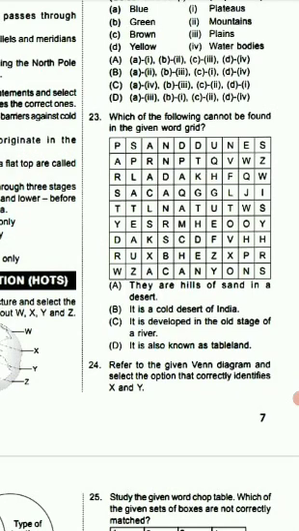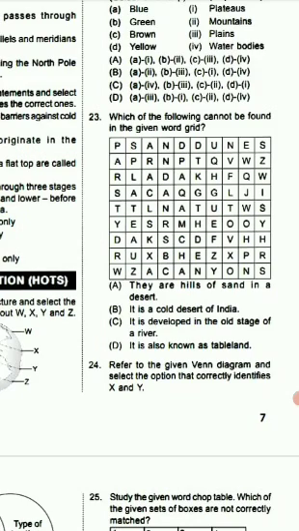C. It is developed in the old stage of a river. D. It is also known as tableland. The correct answer is C. A is sand dunes. B is Ladakh. C is delta and D is plateaus. So C is the correct answer.